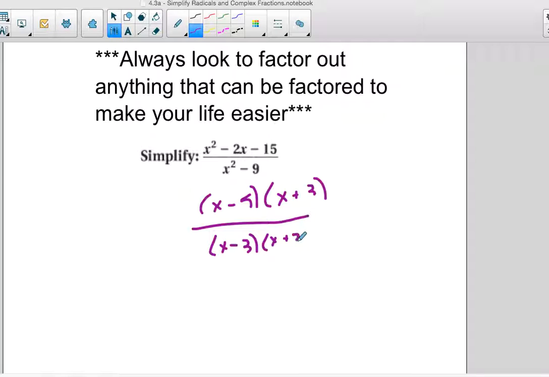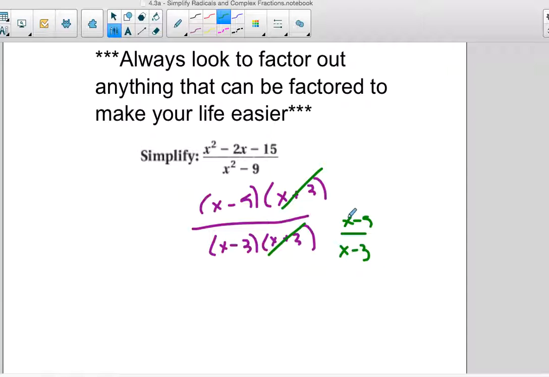So what you see are the x plus 3's would cancel, so you have x minus 5 over x minus 3, which should be a simplified version of this.